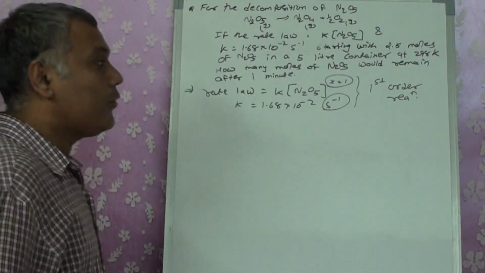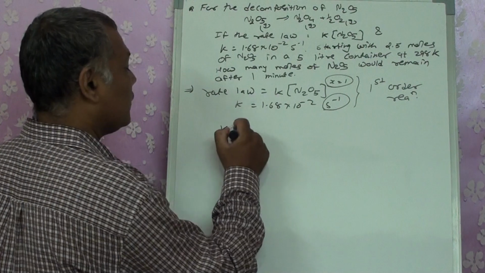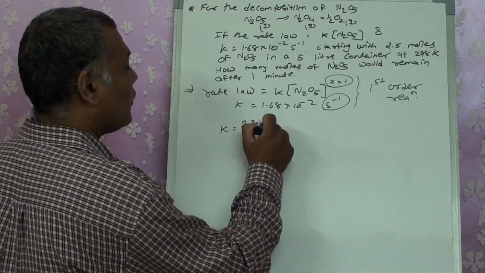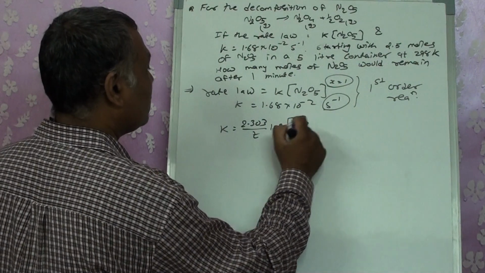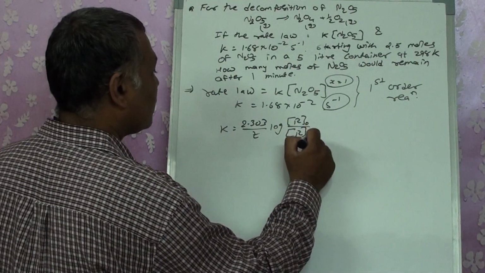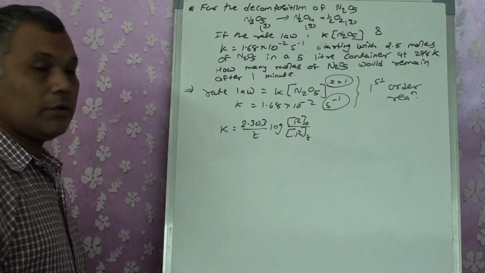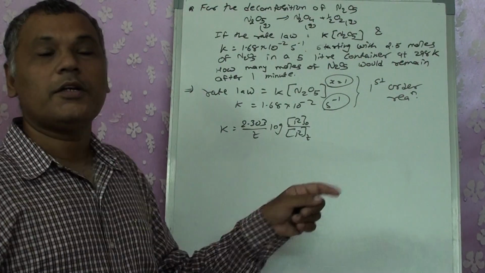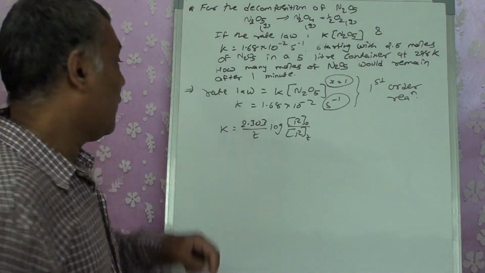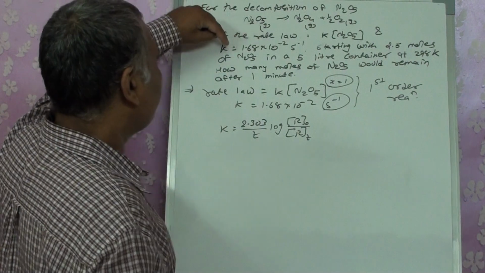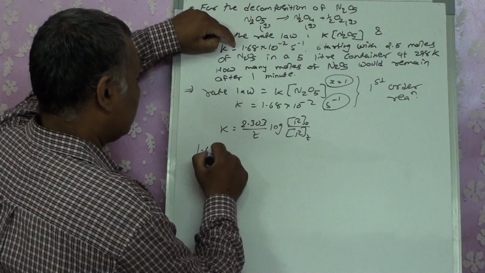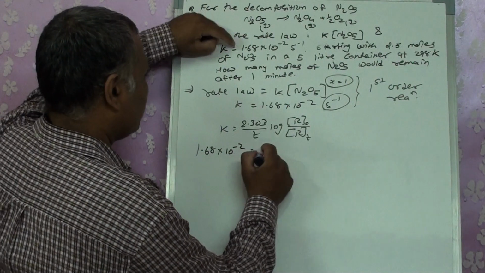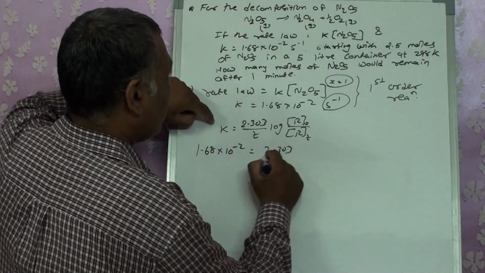Now, according to the integrated rate equation, K is equal to 2.303 by T log initial concentration upon concentration at a given time. This is the integrated rate equation for the first order. Now, K is given to me as 1.68 into 10 raised to minus 2, and 2.303.